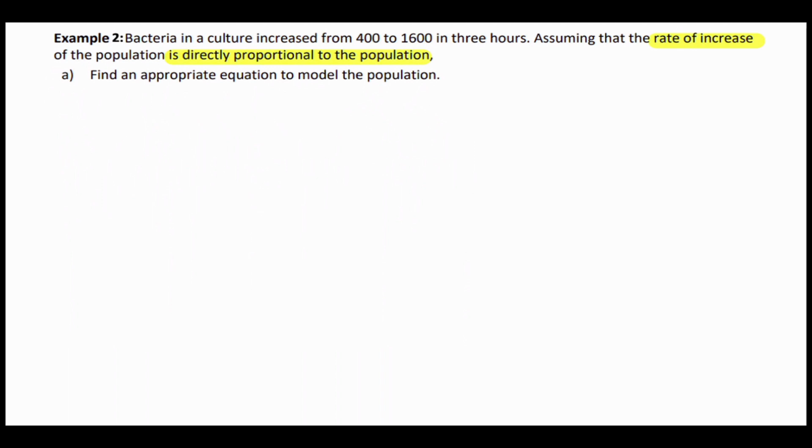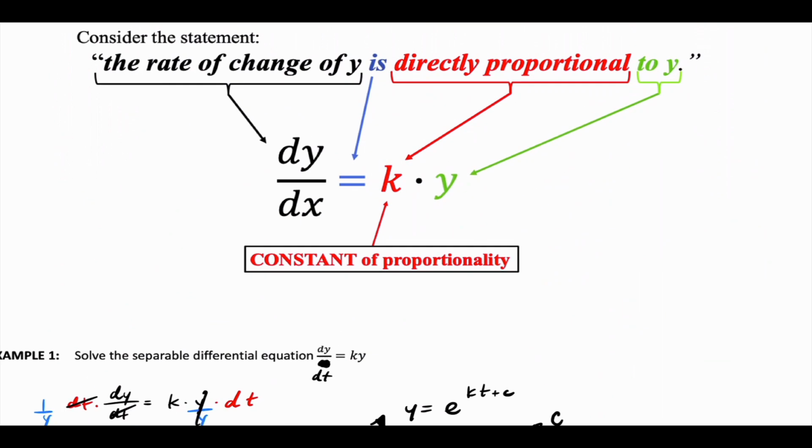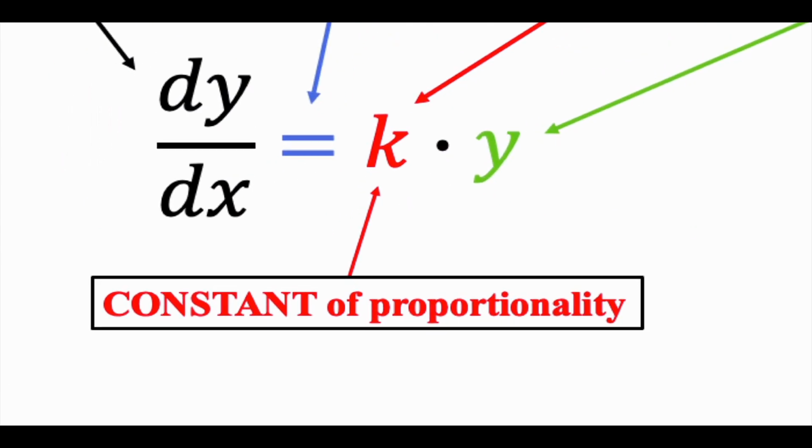Okay, so the equation. All right, so the first thing I want to do is write my equation. Which equation are they talking about? The same one I told you we'd use in every single problem, right there. Except I'm not going to use y's and x's. I'm going to use things that are specific to this problem. So in this question here, what is my independent variable going to be? What are the two variables in the bacteria problem?